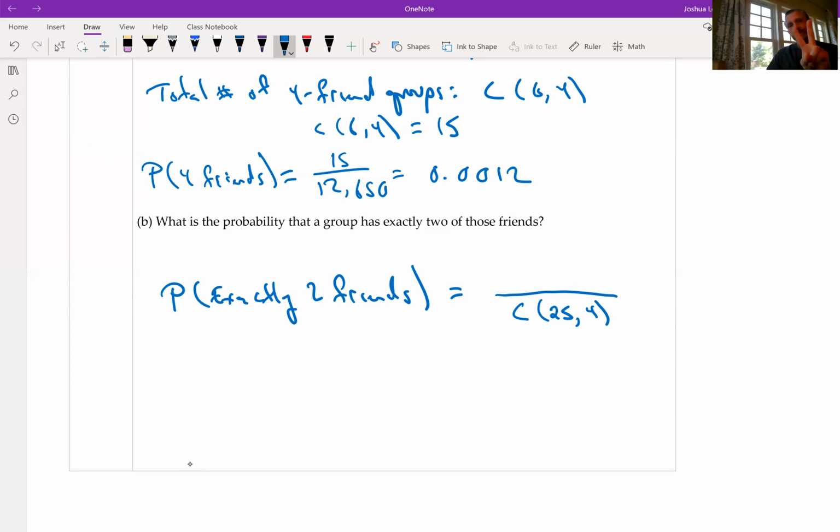I've got 2 friends coming from a group of 6, and remember it's a group of 4, right? So the other 2 people are going to come from the non-friends. How many non-friends are there? There's 25 total, 6 are friends. That leaves 19. So what this says is that 2 are coming from the friend group and the other 2 are coming from the 19 non-friend group, okay?